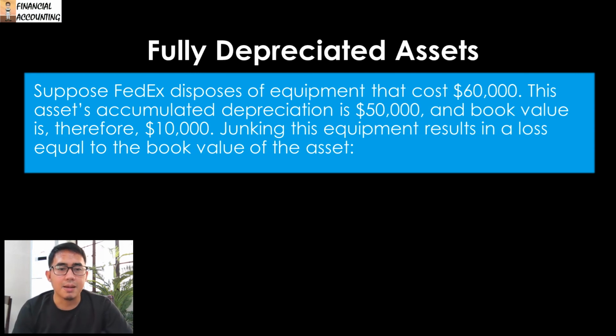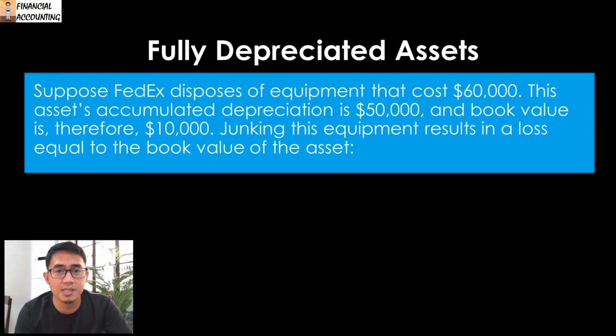So let's say, for example, Fedex has equipment with a cost of 60,000 and the asset's accumulated depreciation is 50,000 pesos. So there is still a book value of $10,000, that's cost minus accumulated depreciation. Junking this equipment results in a loss equal to the book value of the asset.